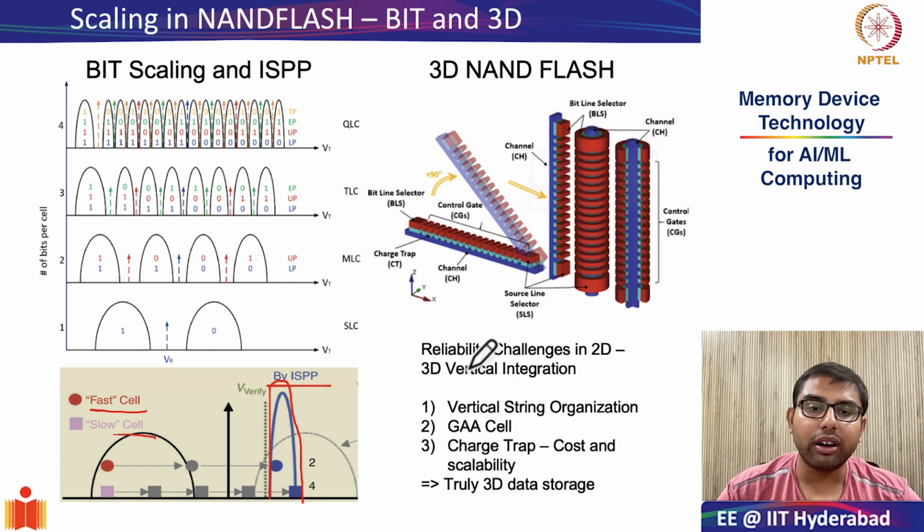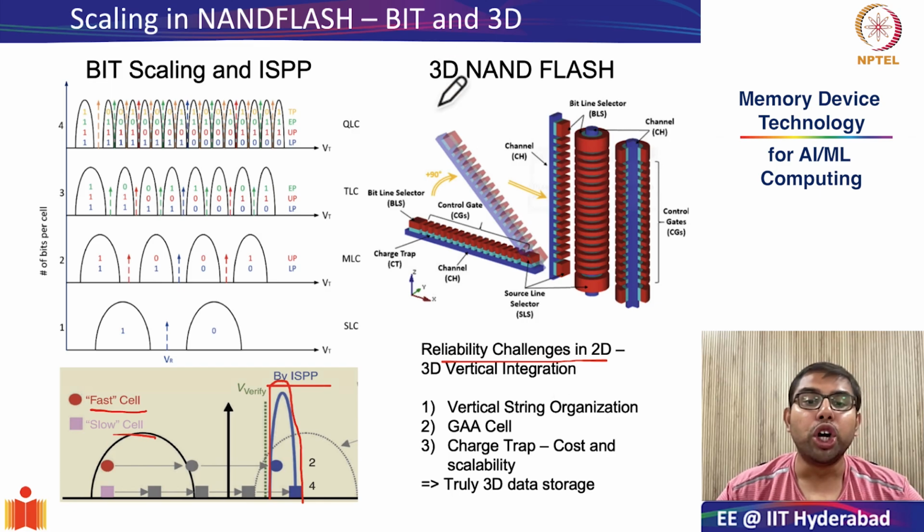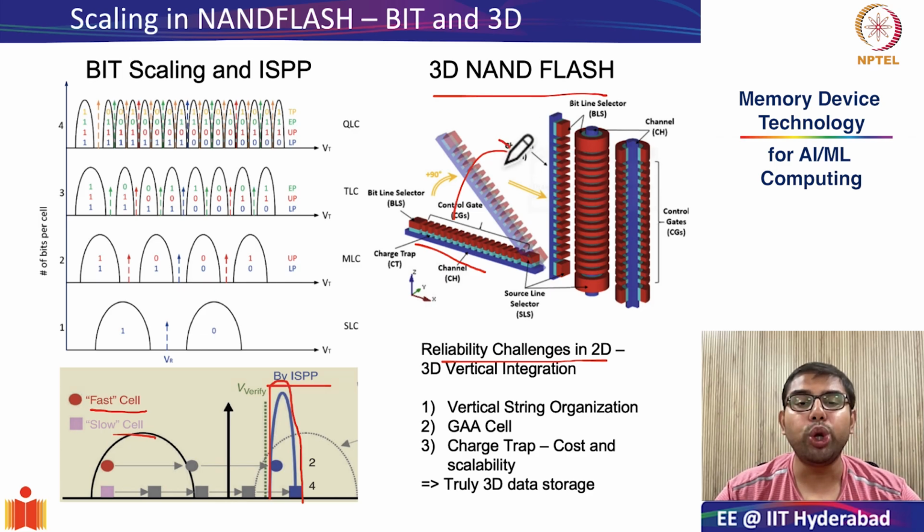Finally, we looked at the reliability challenges which prevented further scaling of the 2D NAND flash and led to the introduction of truly 3D data storage through the 3D NAND flash through 3 important modifications. As you can see in the schematic, the first important modification was the organization from lateral string to vertical string, which allowed you to relax some of the design rules.